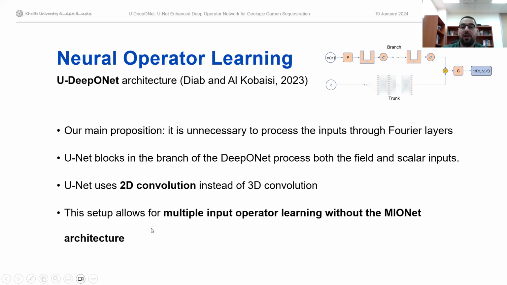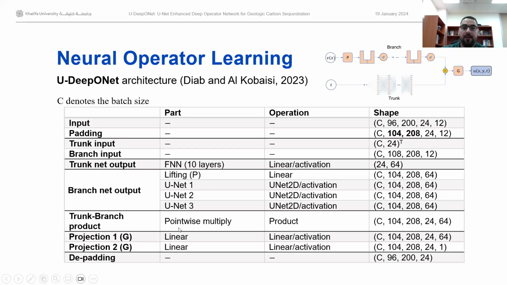So this setup also allows for multiple input operator learning without using the MIONet, as I already mentioned. For the specific case that we will be working with, this is the architecture that we chose to use. We have the inputs, and then we pad the inputs with zeros. We pad the spatial resolution only. And then we have the trunk input and the branch input.